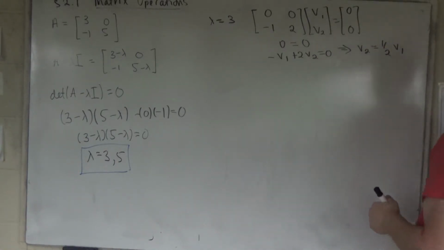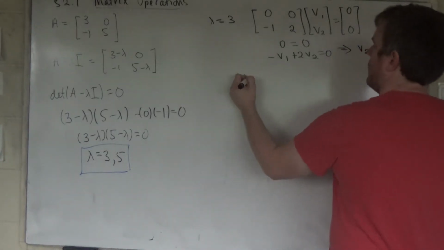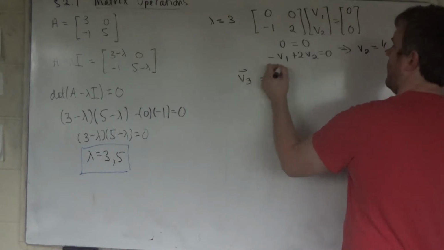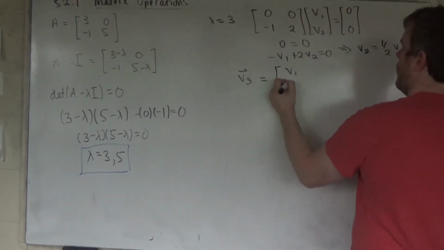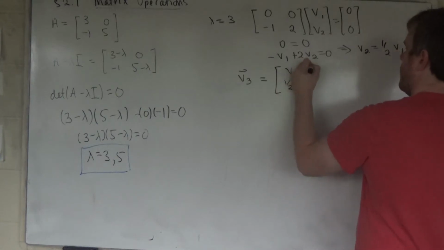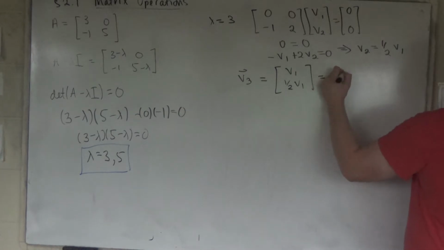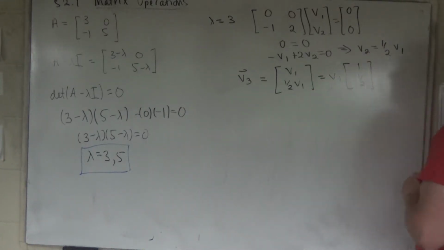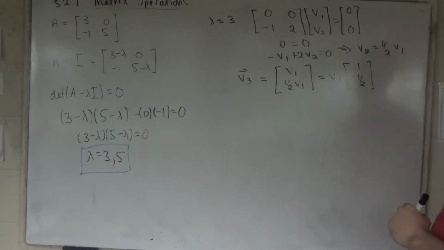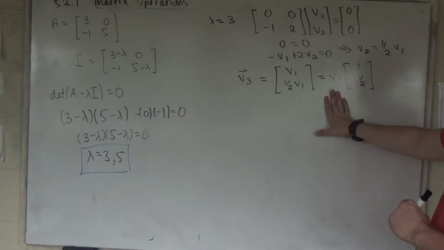In this case, this tells me that v2 equals 1/2 v1 by just pushing this over and then dividing by 2. So when I find v sub lambda, so v3, the first entry is v1, the second entry is v2, which I'm writing as 1/2 v1, and then factoring out the v1, I get the vector 1, 1/2. Now I can let v1 be any non-zero real number.